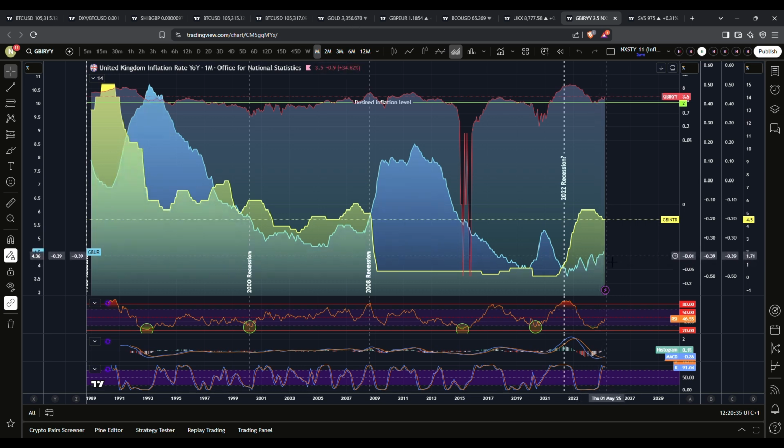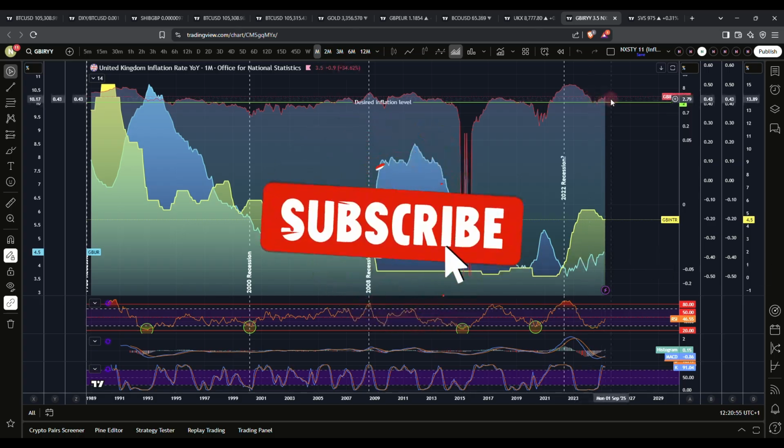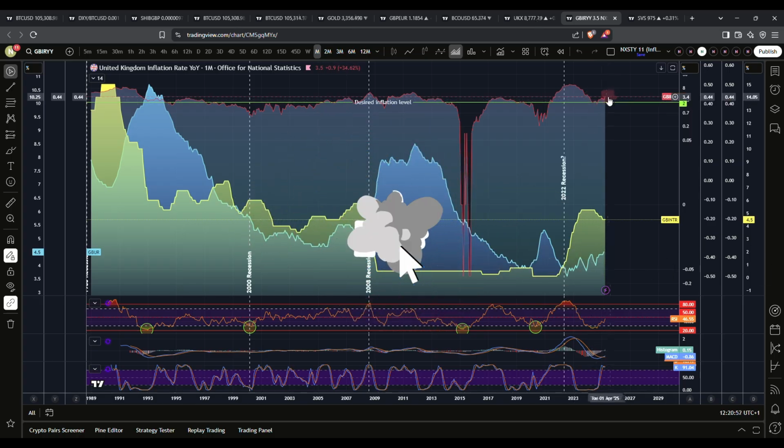So I see that the unemployment rate now had a jump. It's now at 4.5%. You can see here at 4.5%. And what is interesting is that the inflation is going up, the interest rate is being cut, but the unemployment rate is going up.